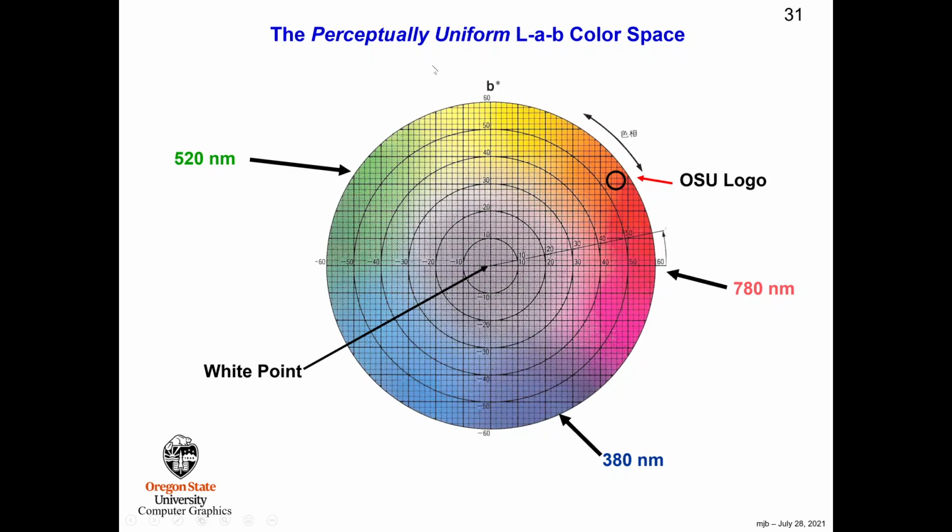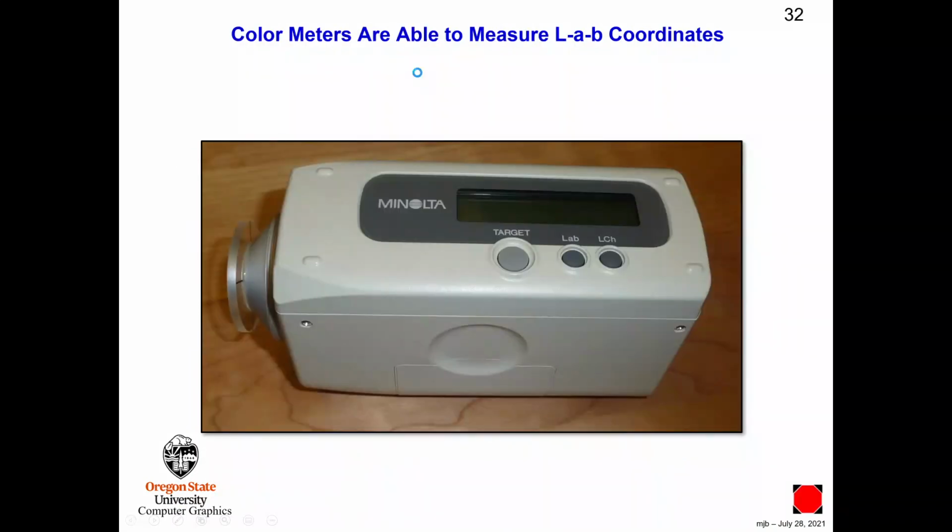There is another color space. I'm just going to mention the name. It's called LAB for no particular reason. L stands for lightness. A and B stand for, well, A and B. That's how they named the axes. This is used a lot in commercial color calibration. I have a meter that measures LAB.